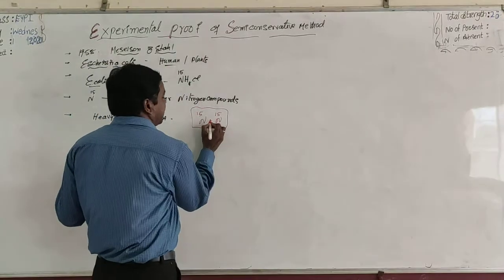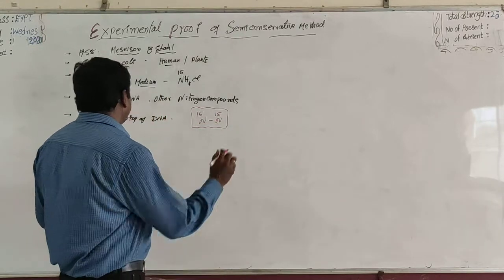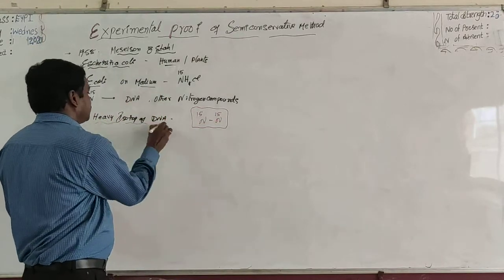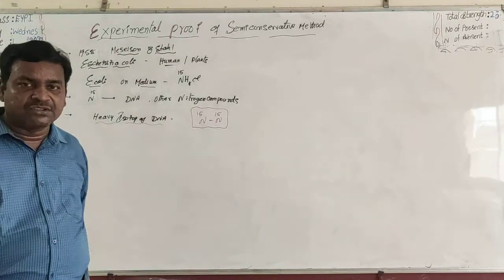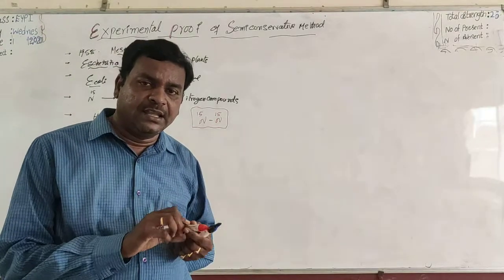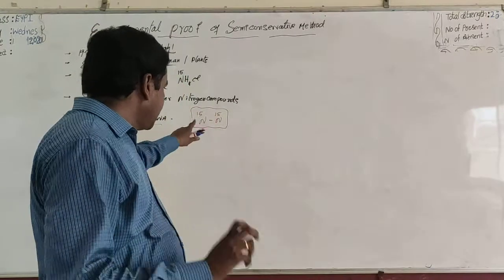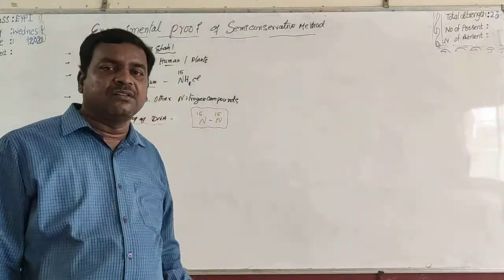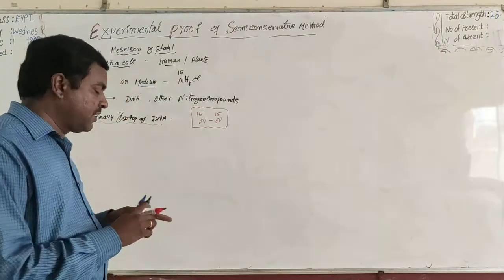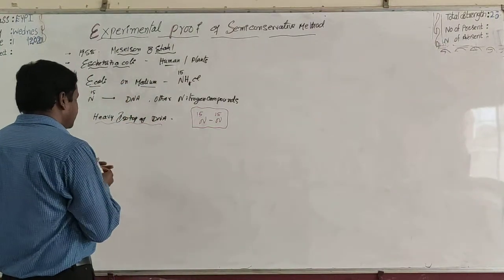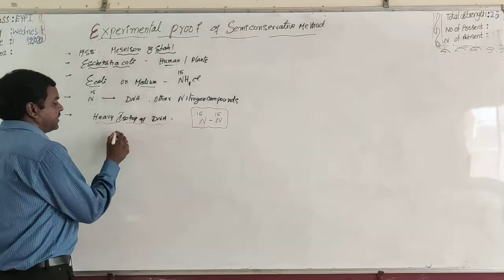So N15 DNA is called the heavy isotope of DNA. One DNA molecule with this heavy DNA is isolated from the bacteria by using centrifugation.